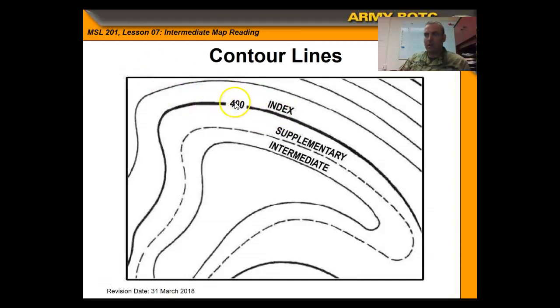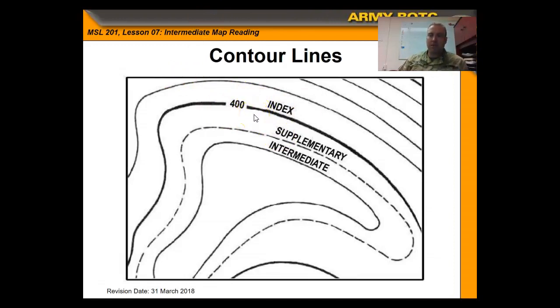So the next one up from here would be 450, the next one down would be 350, and so on. It's every fifth line that is a heavier line, and these are known as the index contour lines. Normally each index contour line is numbered at some point, and this number is the elevation of that line. So again, this actual contour line is at 400 meters above sea level.